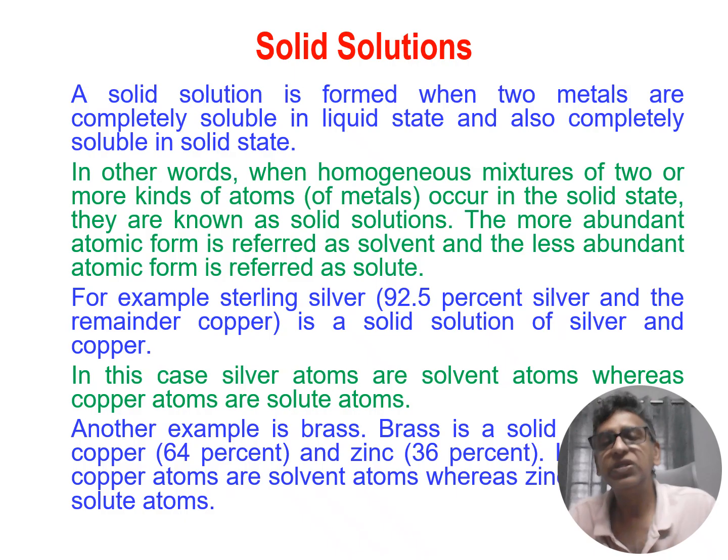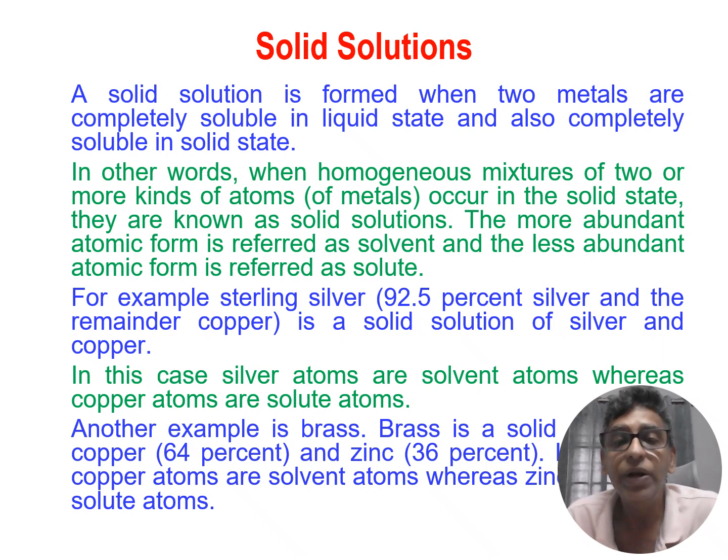A solid solution is formed when two metals are completely soluble in the solid state. In other words, when a homogeneous mixture of two or more kinds of atoms occurs in the solid state, it is known as a solid solution.